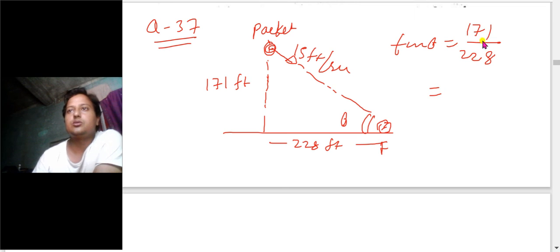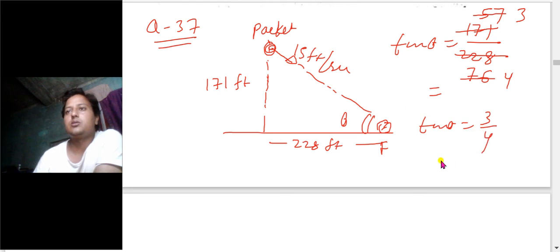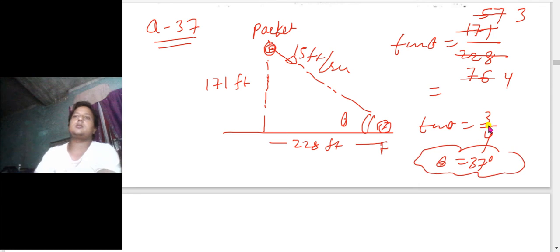That equals, 19 3s are 57, 19 4s are 76. So tan theta is 3 over 4, theta is 37 degree. This angle is 37 degree.